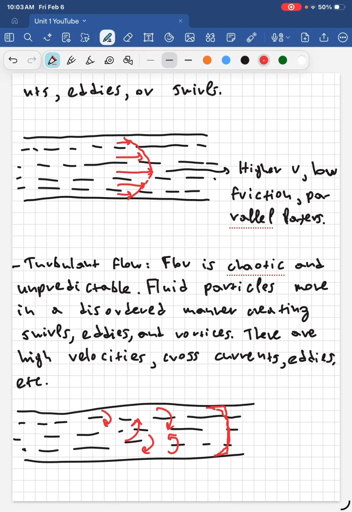And this is because velocity, let's write this down as well, averages out due to collisions between particles.